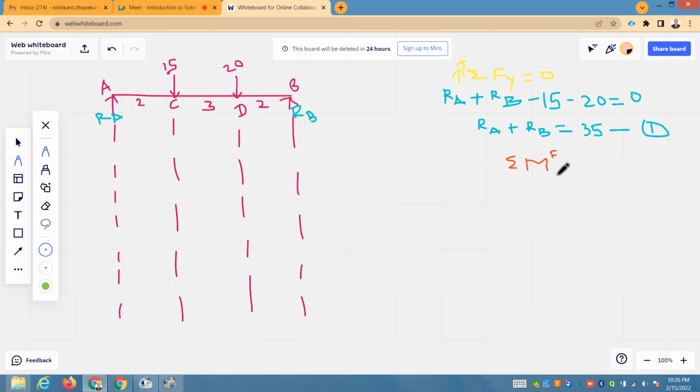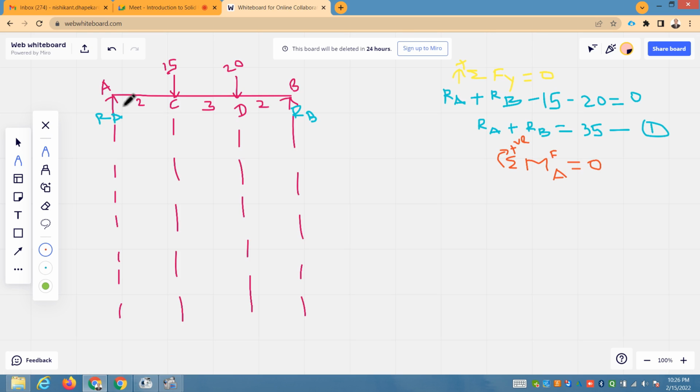I am taking about A, will be equal to 0 if the body is in equilibrium. Sum of moments because of all the forces about any point will be equal to 0. Second equation of equilibrium, considering clockwise moments as positive and anti-clockwise moments as negative.